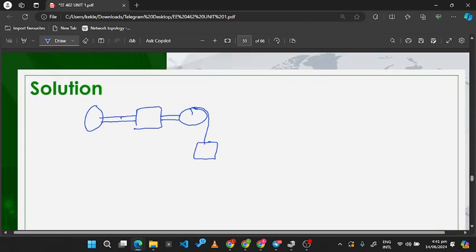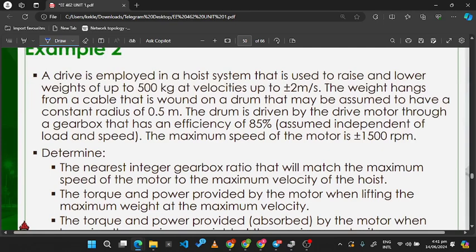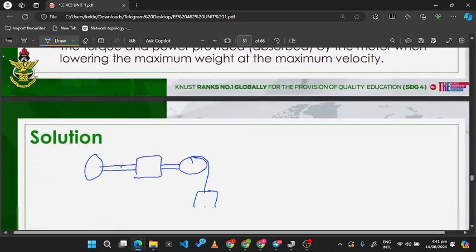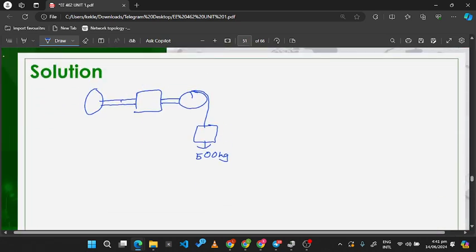And we know the load is 500 kilograms. The velocity is plus or minus 2 meters per second, raising or lowering.